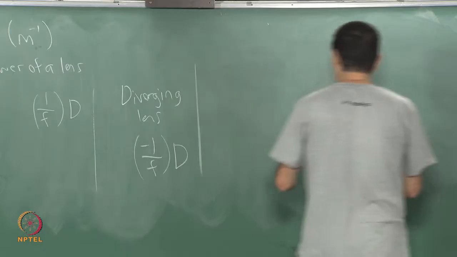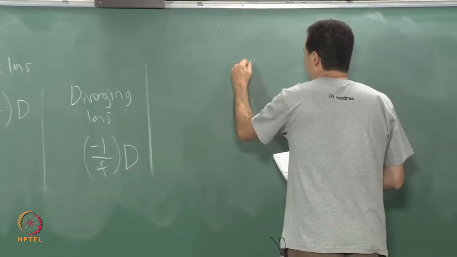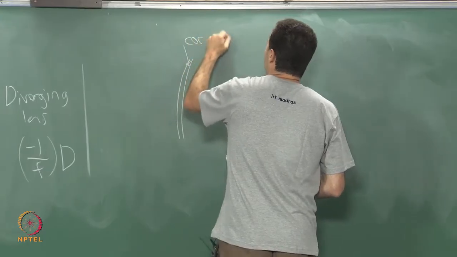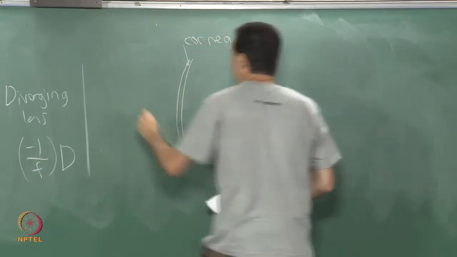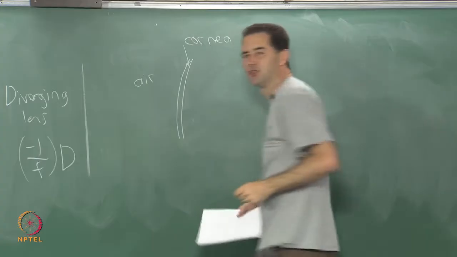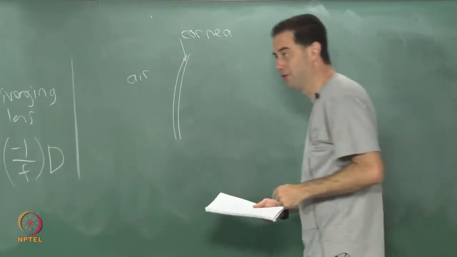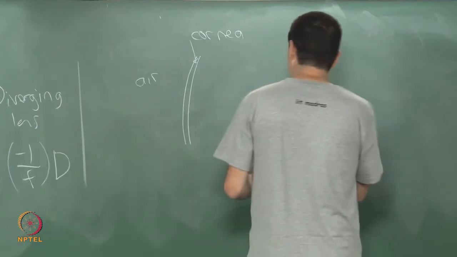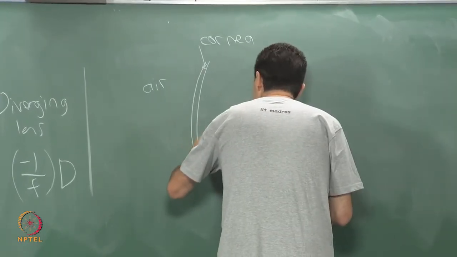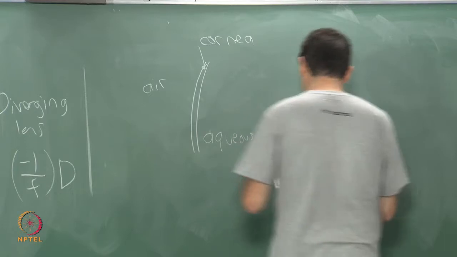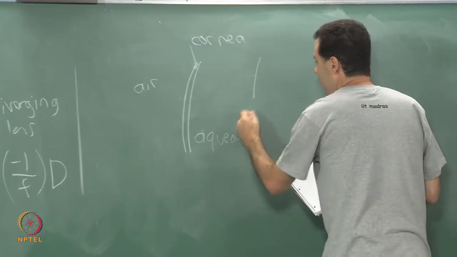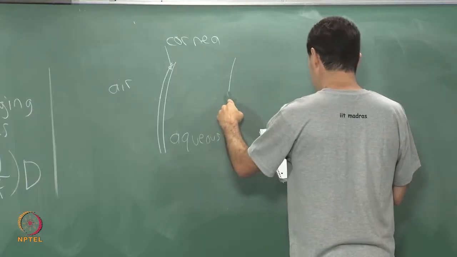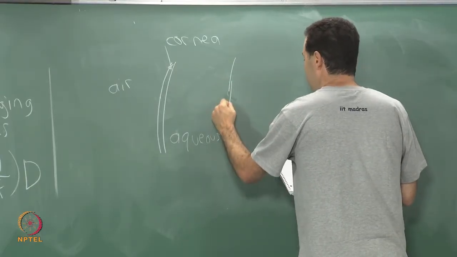Let me try to draw a picture of that a little bit. So we have the cornea. We have out here air, assuming you're not swimming underwater while we're talking about this, which will of course affect your vision. Then we have the aqueous, then there's the pupil where the light comes in, and then there's a lens on the back side here.